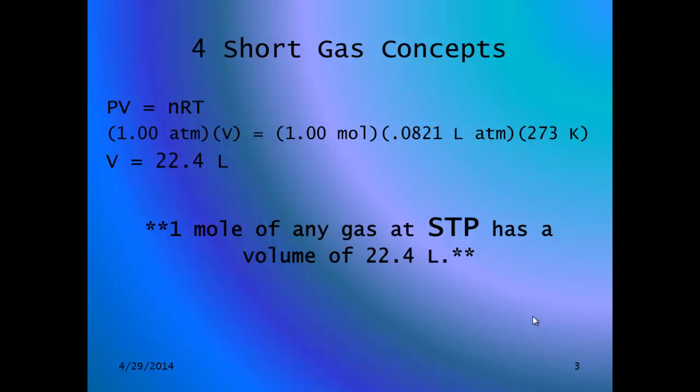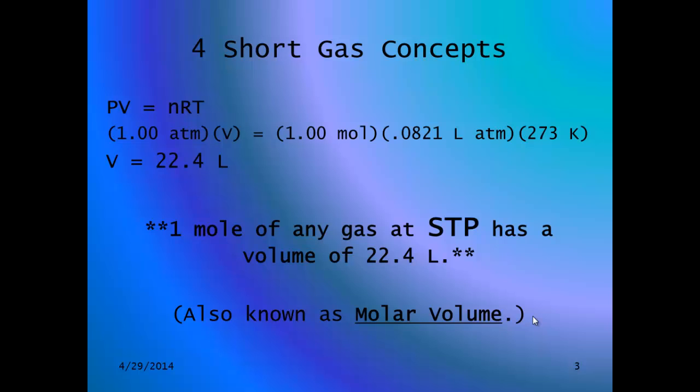It turns out that this is kind of a special number. It has its own name, and we can use it as a conversion factor, because 1 mole of any gas at STP would have a volume of 22.4 liters. It didn't say anywhere in the question what gas that was, and it really wouldn't matter. Any gas at STP, where you have 1 mole, will have a volume of 22.4 liters.